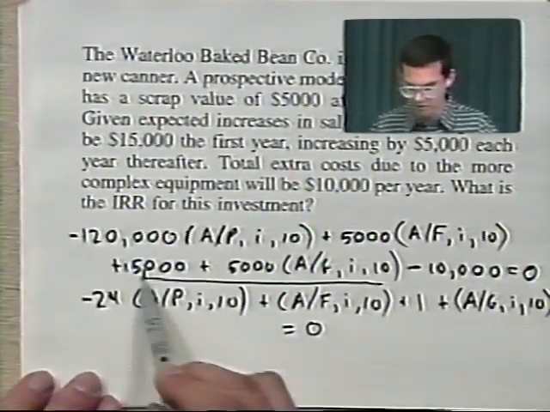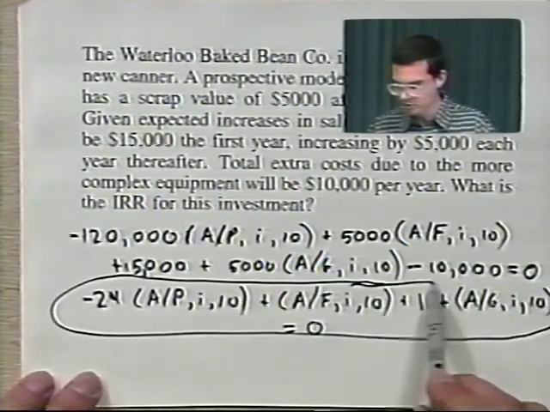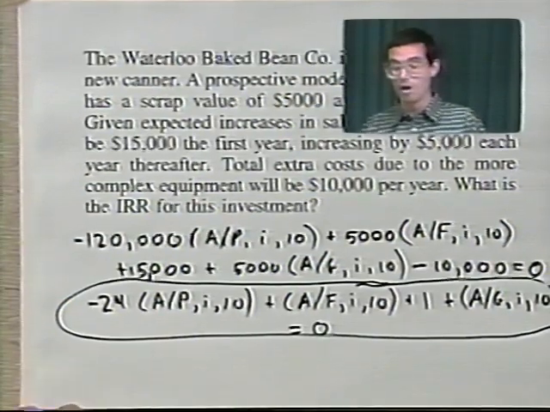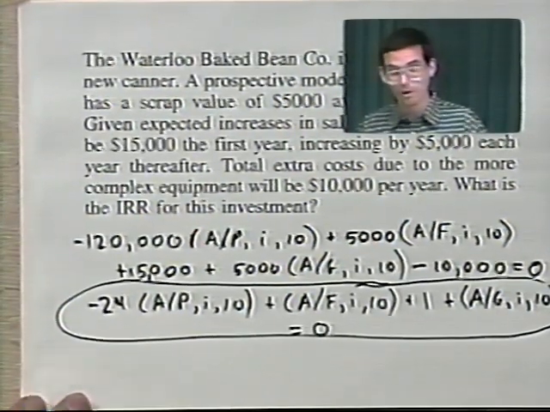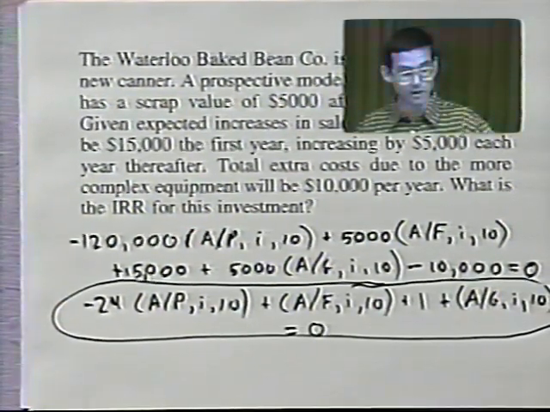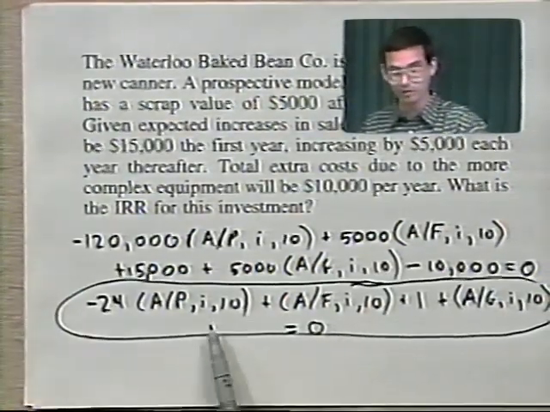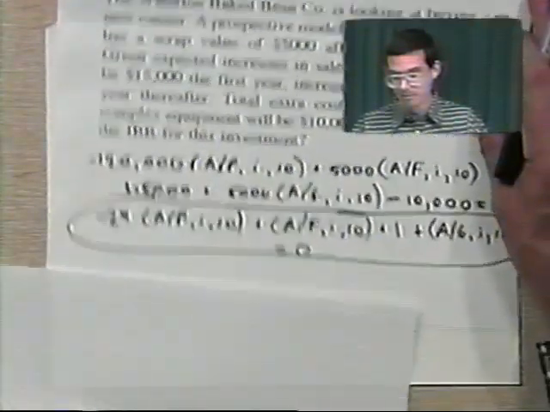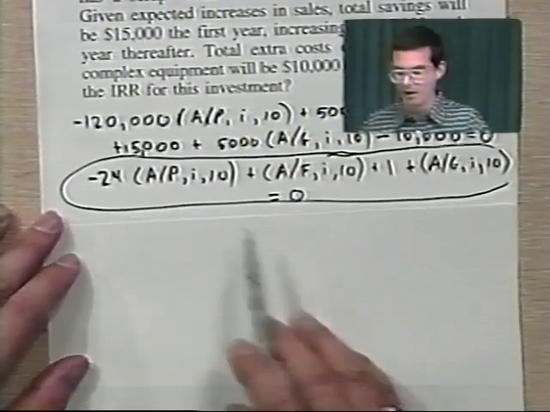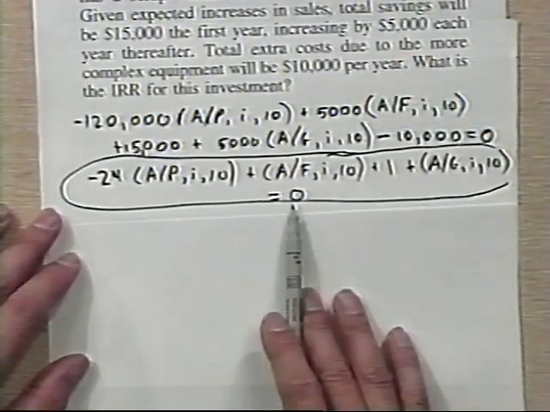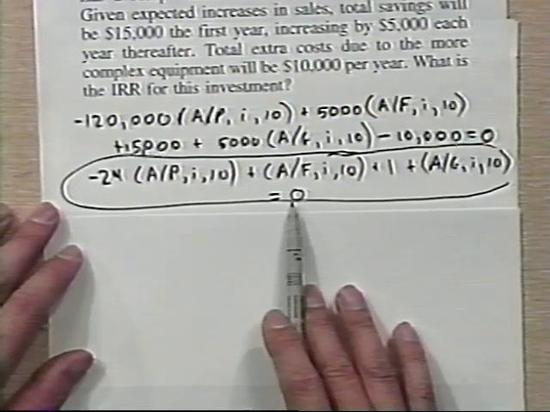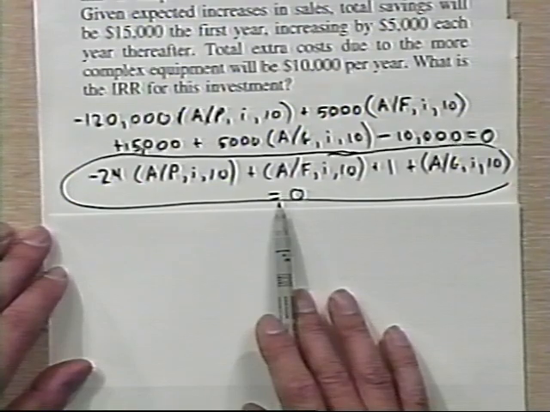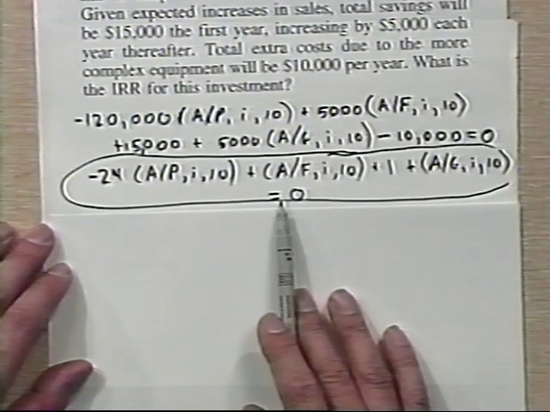Now, this equation is certainly the most complicated one we've seen in this course for solving for an unknown interest rate. But the principle is the same. What we do is choose an interest rate by trial and error, do this calculation, and find the closest interest rates we can such that one of them is above 0 and one of them is below 0.